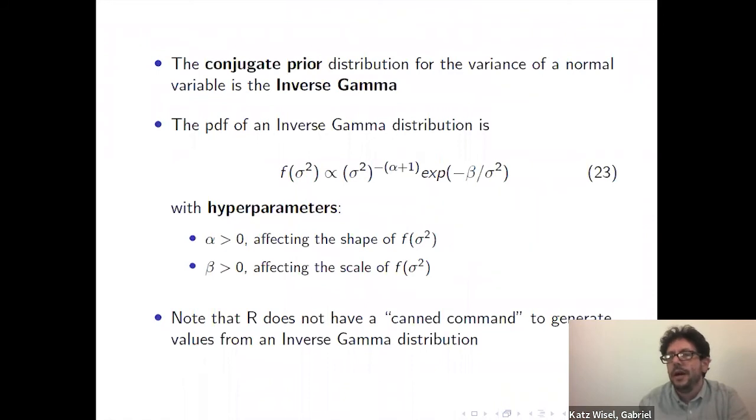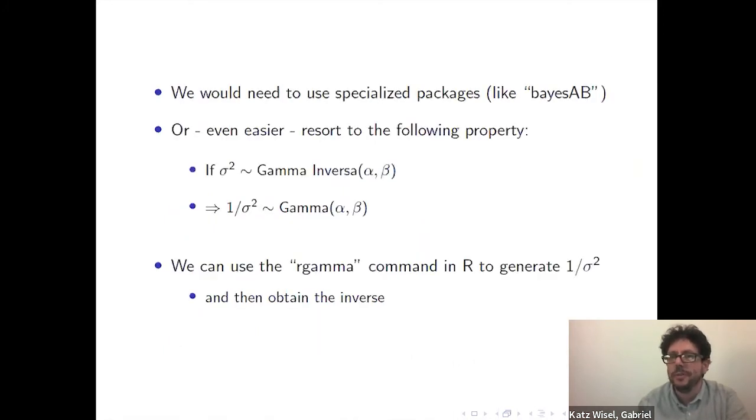So once I choose a normal prior for mu and an inverse gamma, like the one we see in equation 23, for sigma squared, I can then move on to step 3, which is deriving the posterior distribution of the parameters.